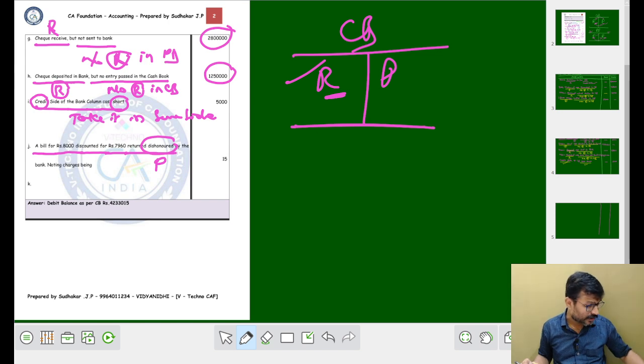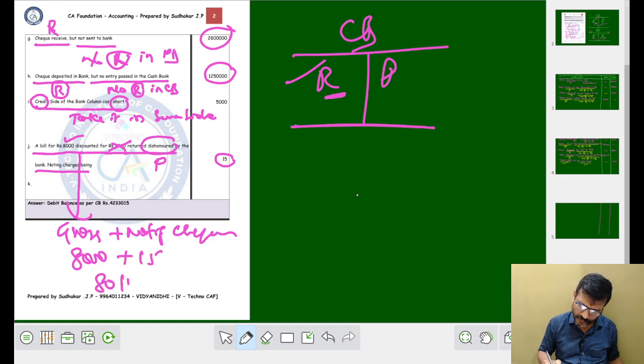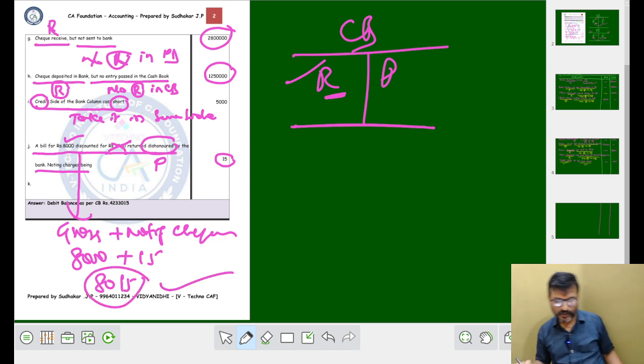When there is a dishonor, what we have to take? We should not take 7,960. We have to take the gross amount. But noting charges is there. Noting charges is 15. Now what we have to take? We have to take gross plus noting charges. Gross is 8,000 plus noting charges is 15.